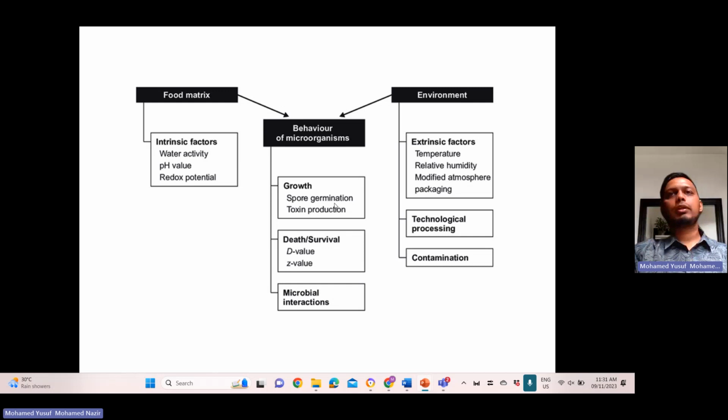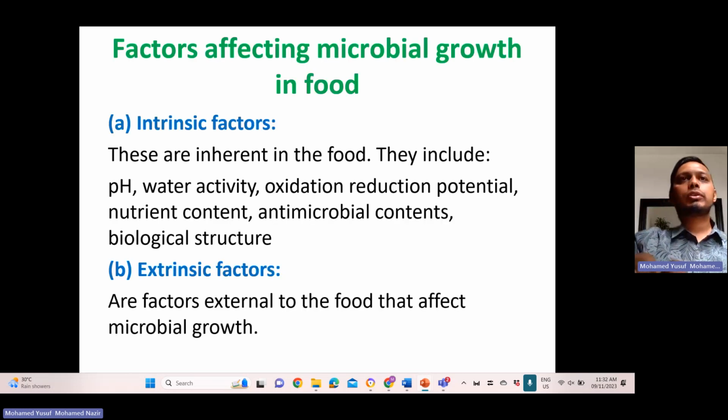But if the intrinsic and extrinsic factors are not at optimal condition, it will obviously affect the growth, death, survival, and also the interaction between the microorganisms.